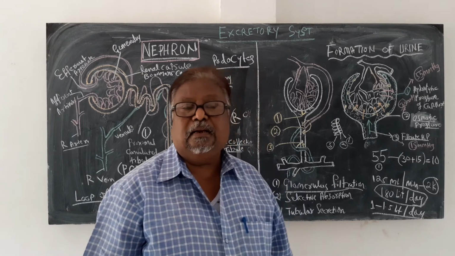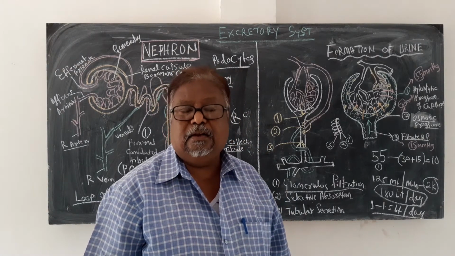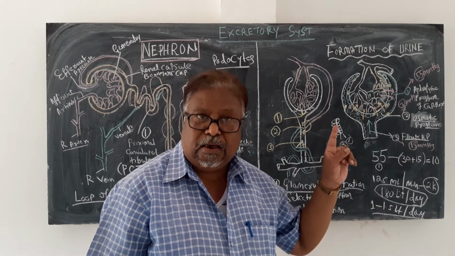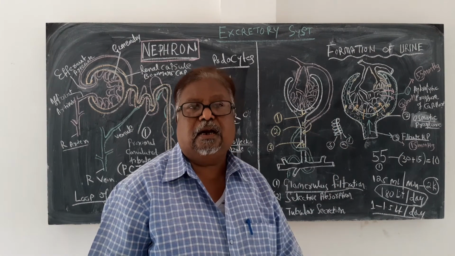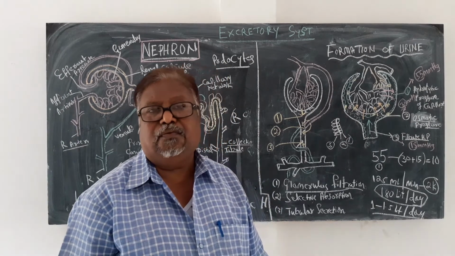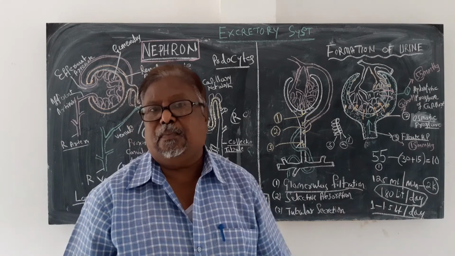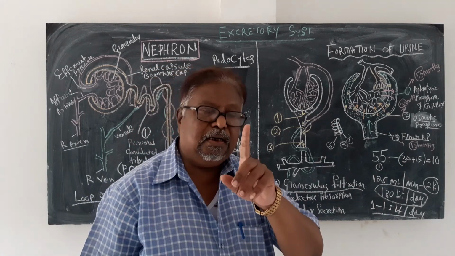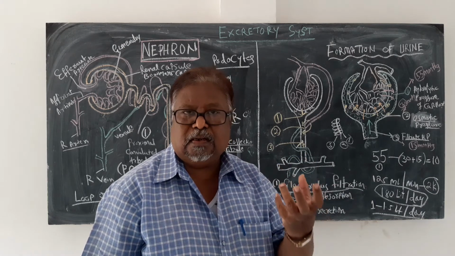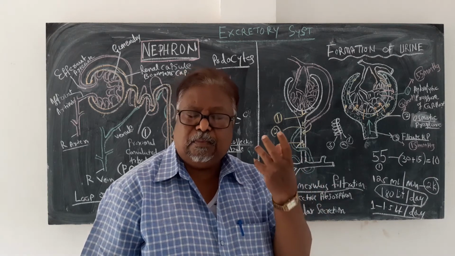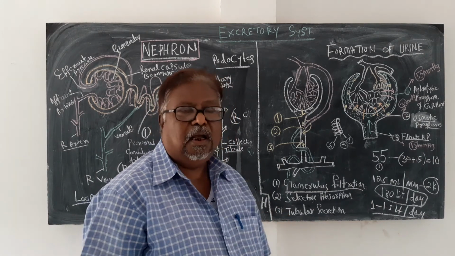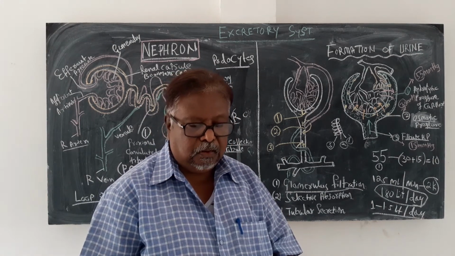So in the bladder only 1 liter will be there and it will be expelled out. Per day 1 liter. From 180 to 1 liter it comes. Means 179 liters of the filtrate is reabsorbed and only 1 liter is thrown out. The necessary materials will be reabsorbed. Water will be reabsorbed again in the two processes, selective reabsorption and tubular secretion.